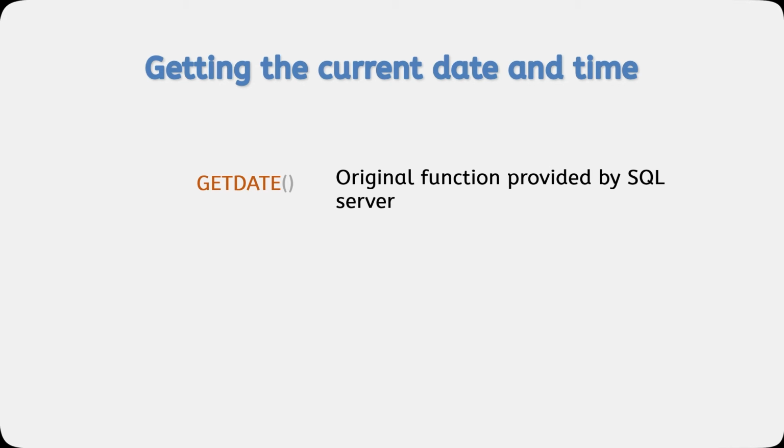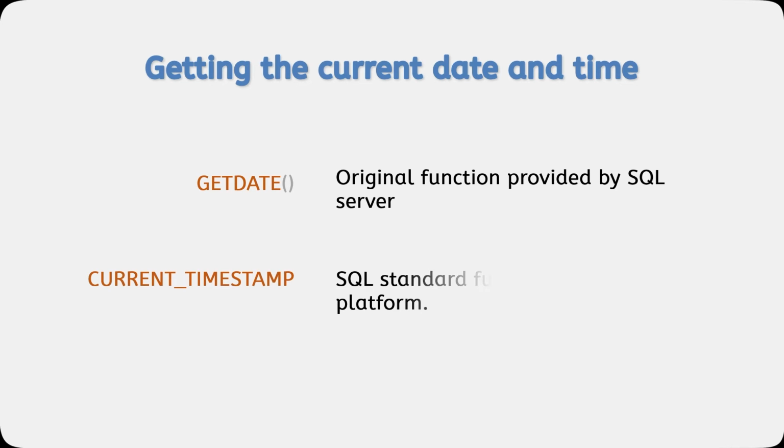Next, you've probably come across scenarios where it will be useful to retrieve the current date and time. We can easily do this with one of the two functions for this purpose. Originally, this was handled by the getDate function, and it's likely you'll see this in lots of existing code. The new function is current timestamp and is an ISO standard for SQL coding.